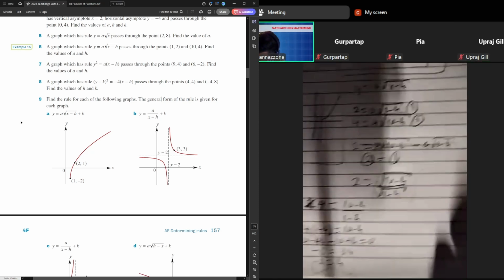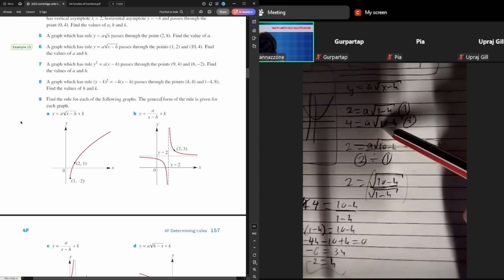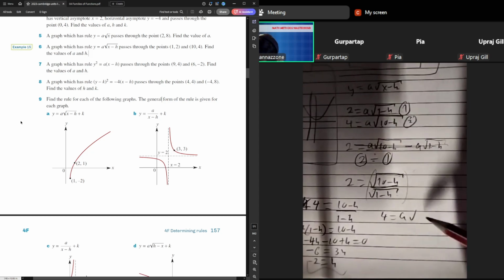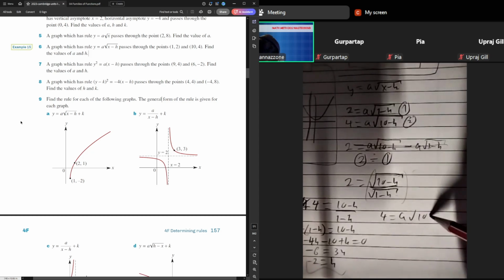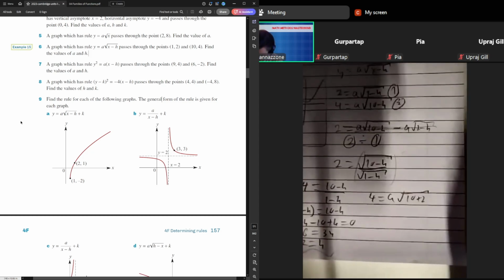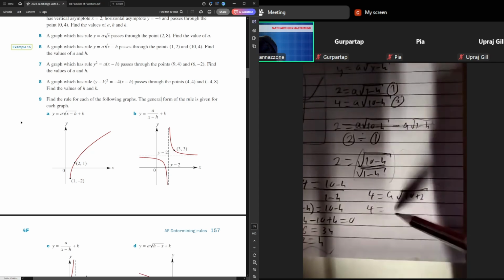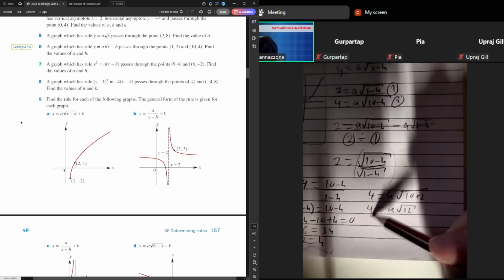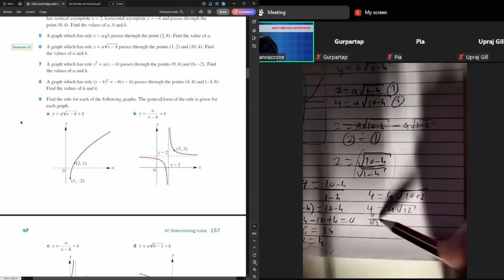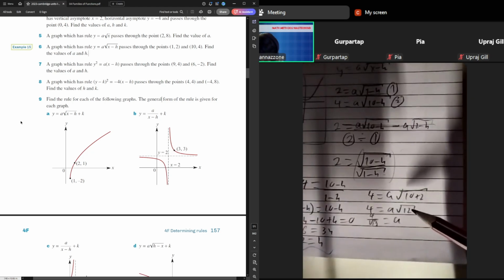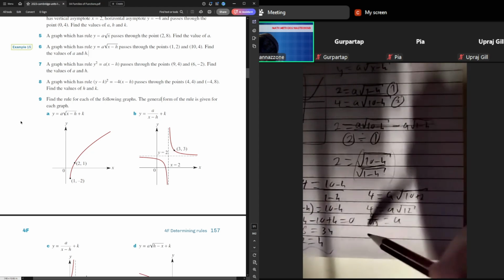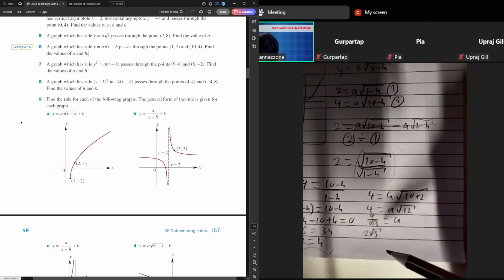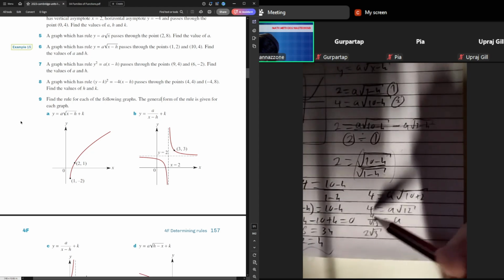So with h, we're going to have 4 equals a root 10 minus minus 2. So we're going to have 4 equals a root 12. 4 over root 12 equals a, and then root 12 is 2 root 3. 4 3's are 12, yeah, 2 root 3.